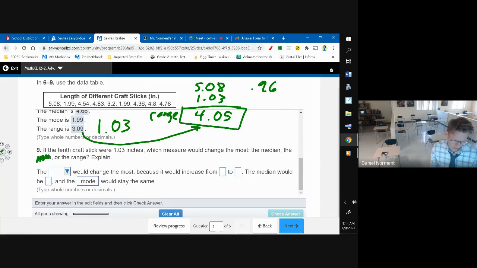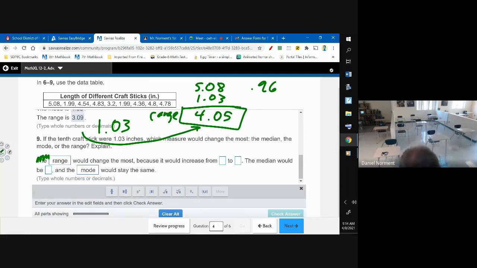The median would be, okay, so I already know the answer is going to be the range. It would increase from 3.09 to 4.05.